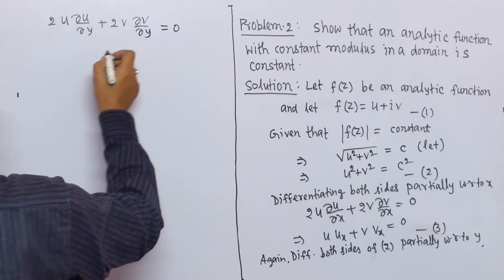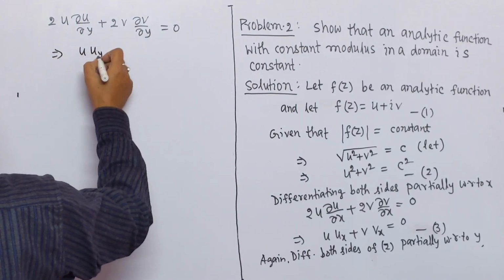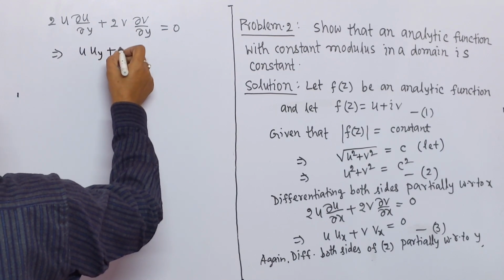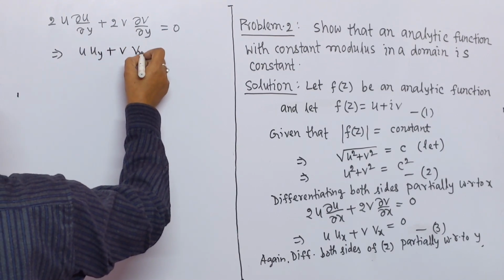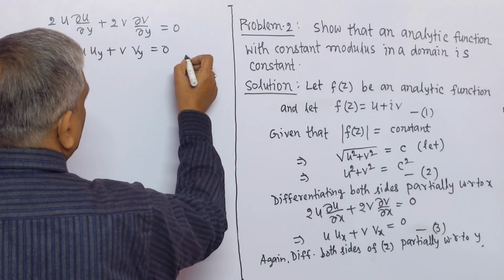This is equal to 0, implies that u uy plus v vy equal to 0. This is number 4.